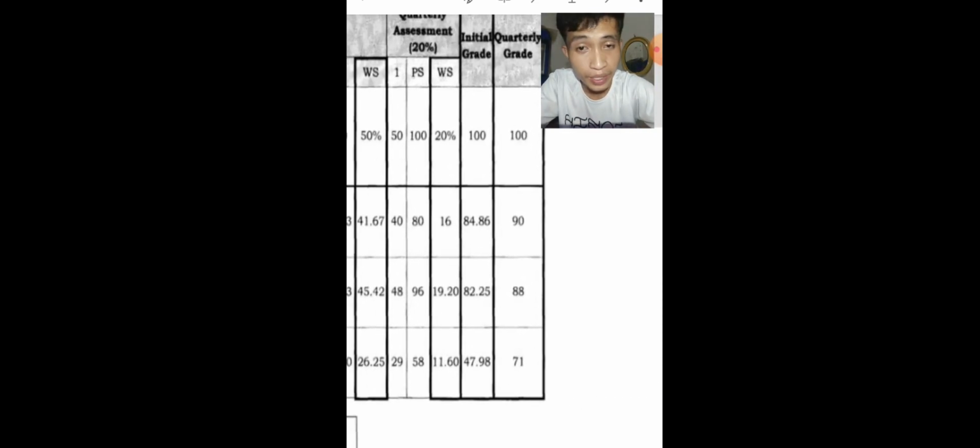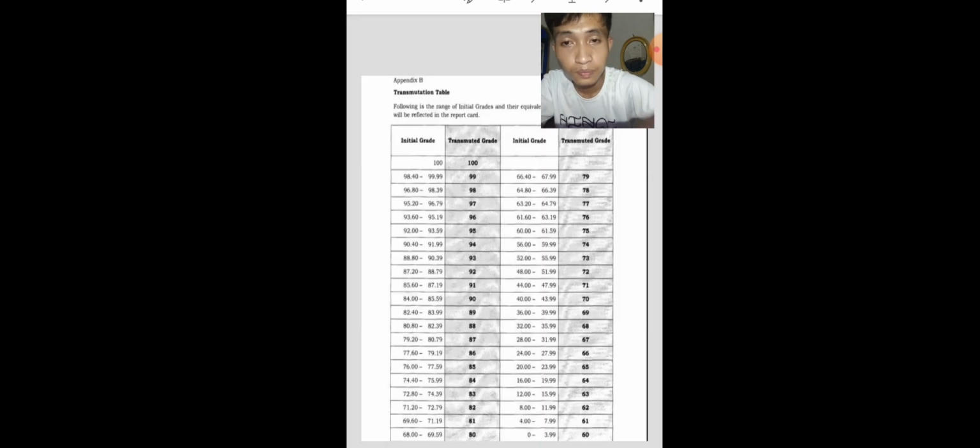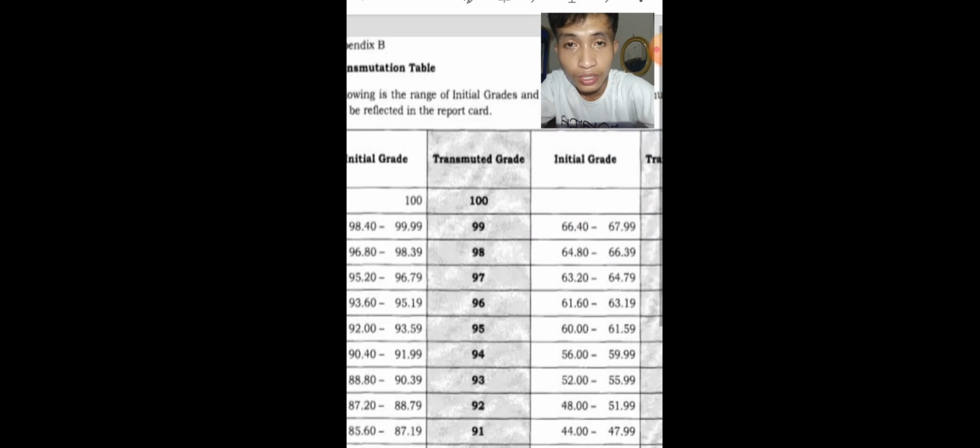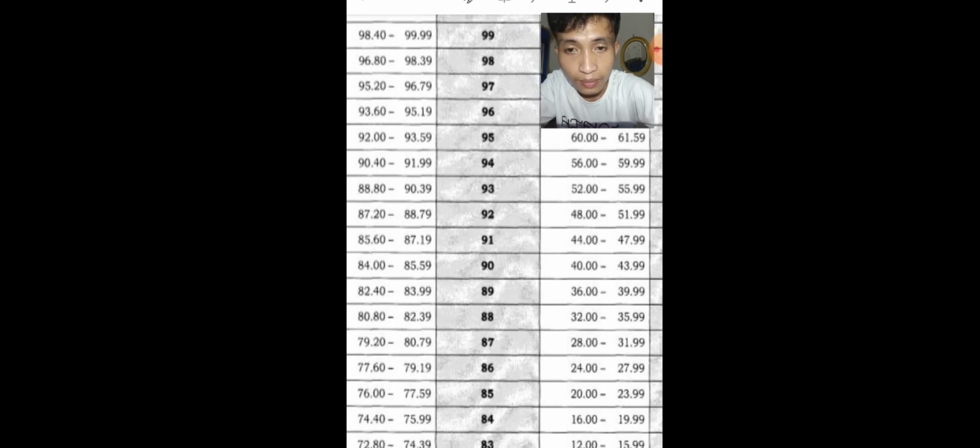For learner B, so si learner B nakakuha siya og 82.25. So balik ko na itong tanaw diri sa transmutation table. Ang 82, iyang transmuted grade is 88. Tanaw balik og sakto ba siya. Okay, 88.